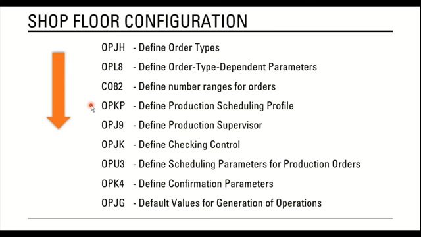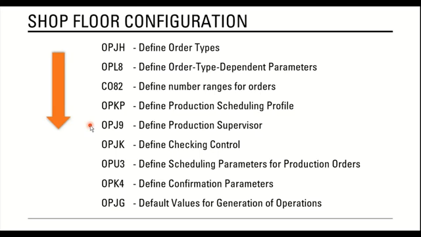So what should be the order type that is automatically selected by the system at the time of converting the planned orders into the process orders or production orders? And also we can assign how the batches should be determined while creating the order or while releasing the order and so on.